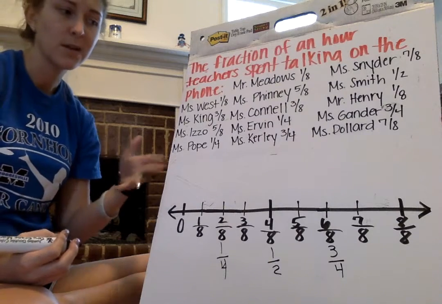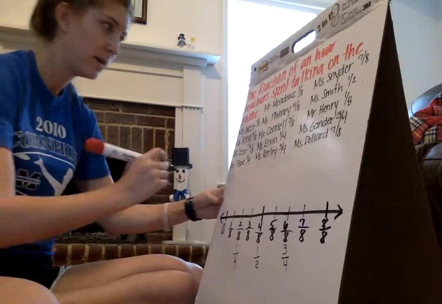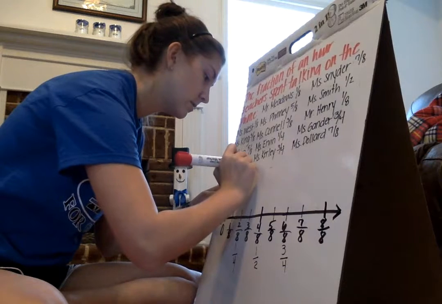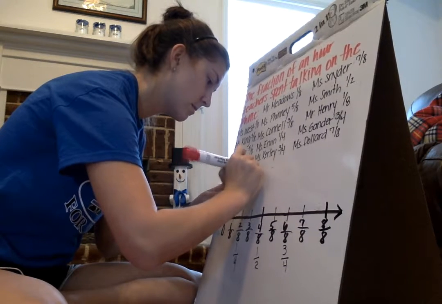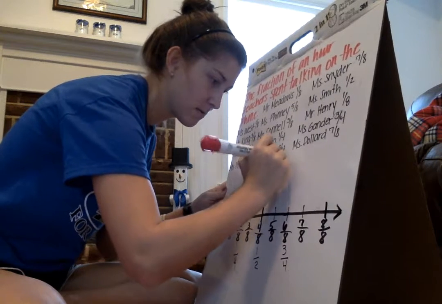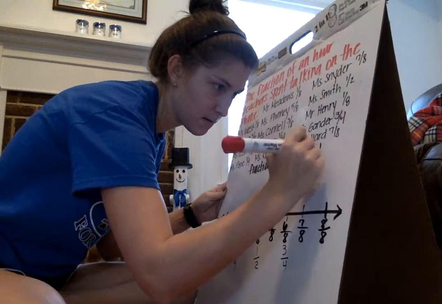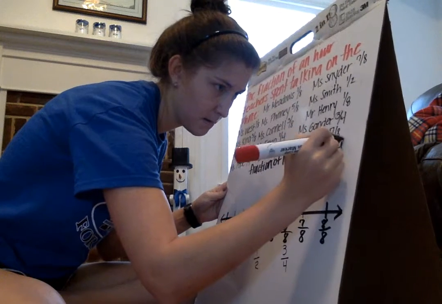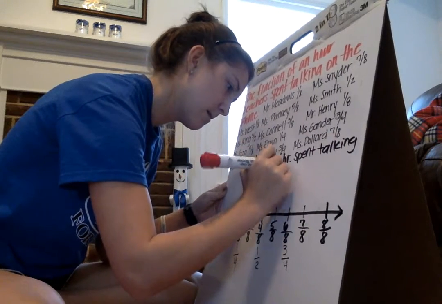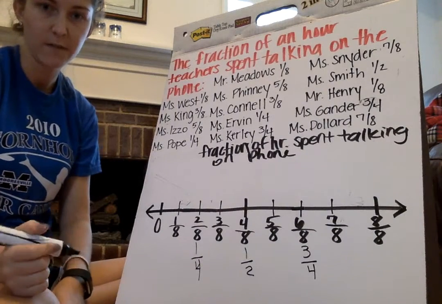Before we plot it though, our line plot needs a title. So I'm going to title it Fraction of an Hour Spent Talking on the Phone.